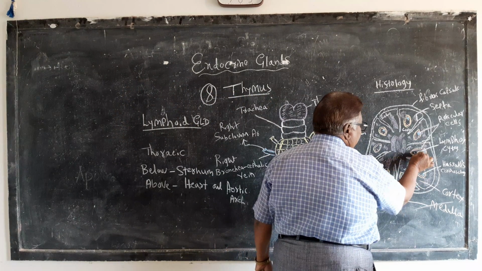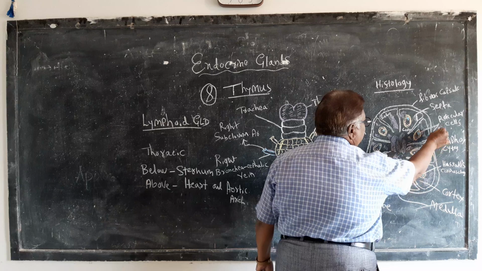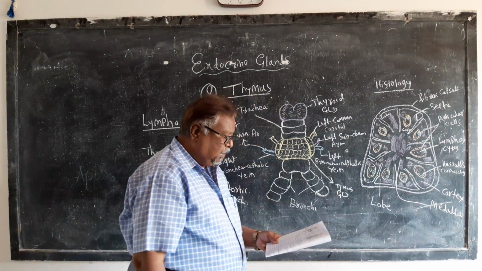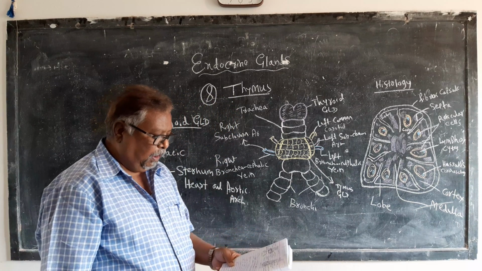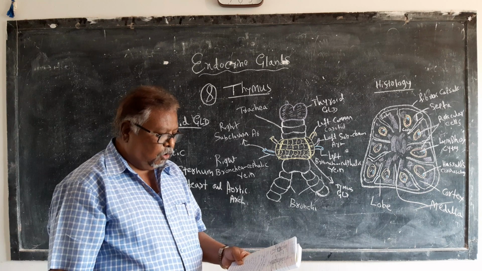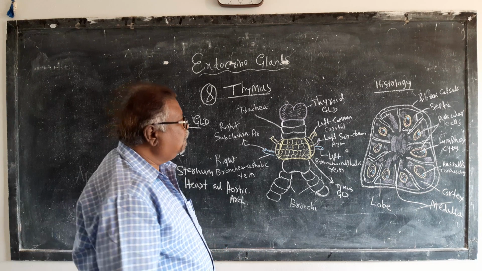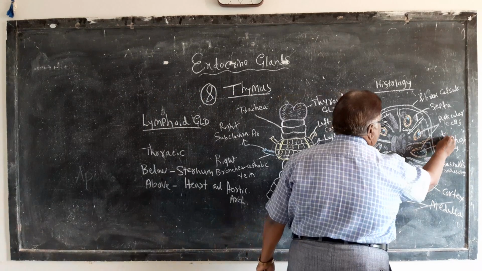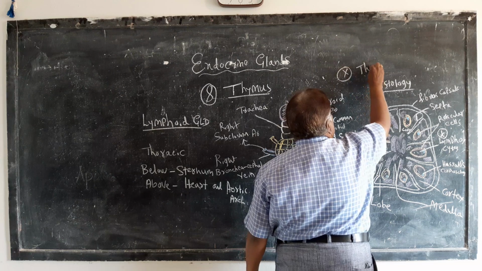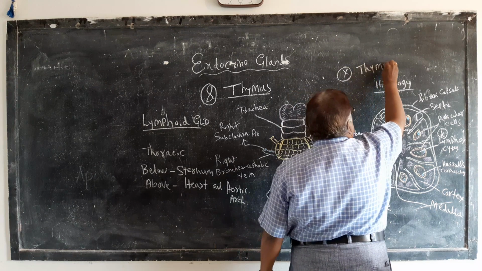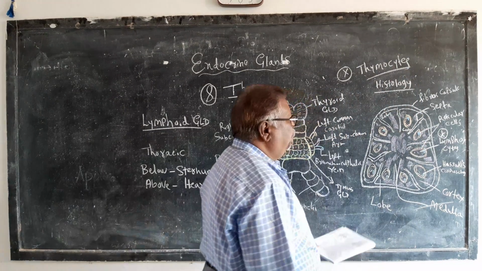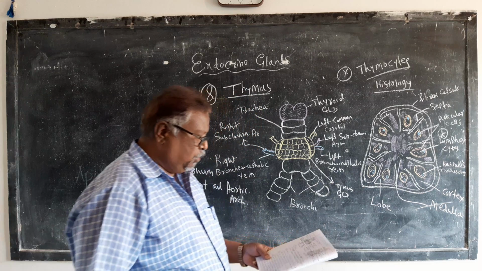So these lymphocytes are covered by branching reticular cells. Lymphocytes are also called thymocytes.